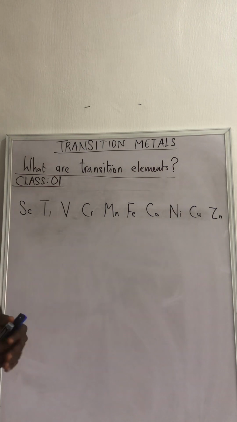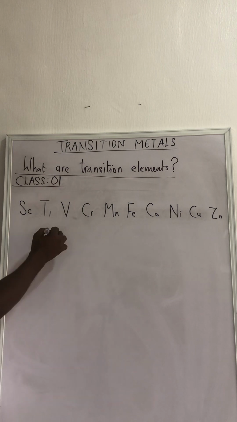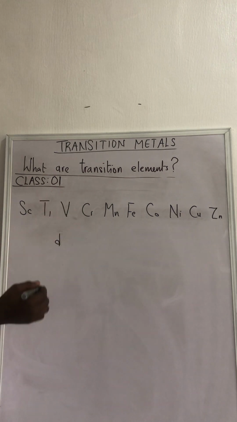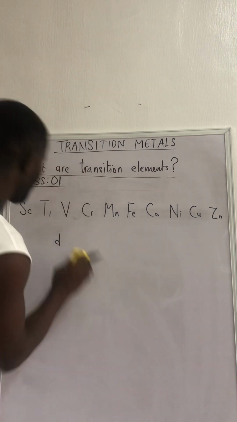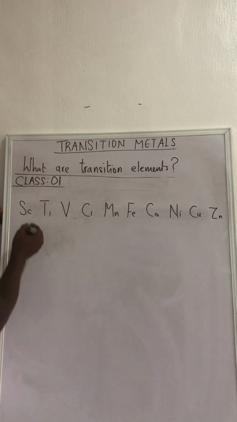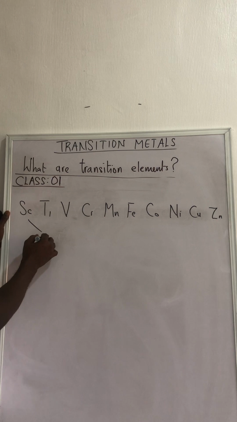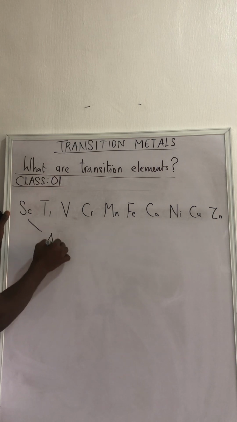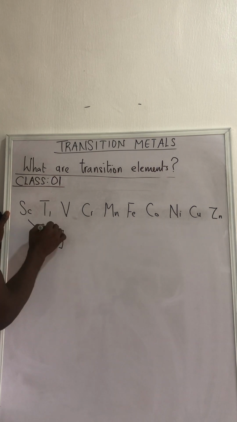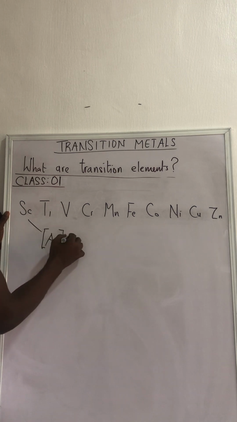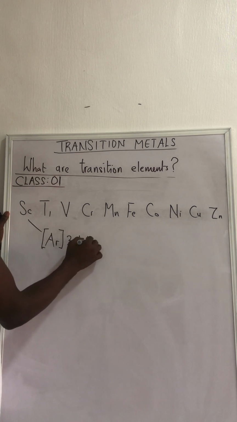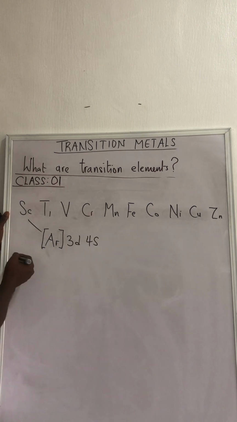they all have what is called d electron in their electronic configuration. For instance, scandium. If you look at scandium, argon electronic configuration, then we have 3d and we have 4s.